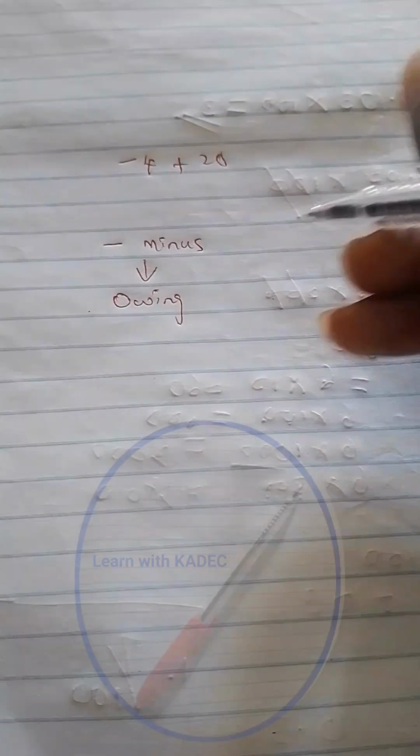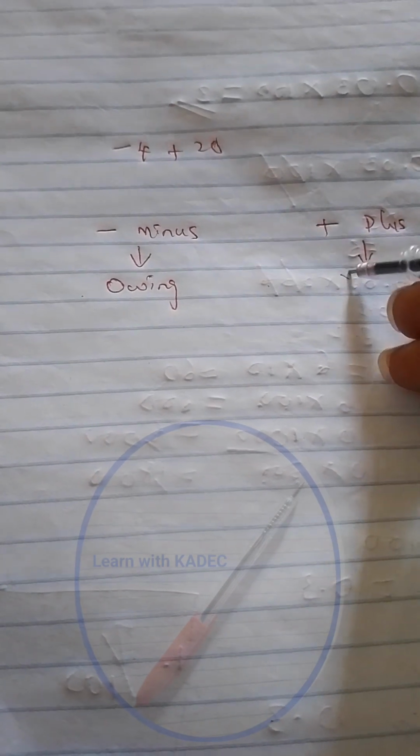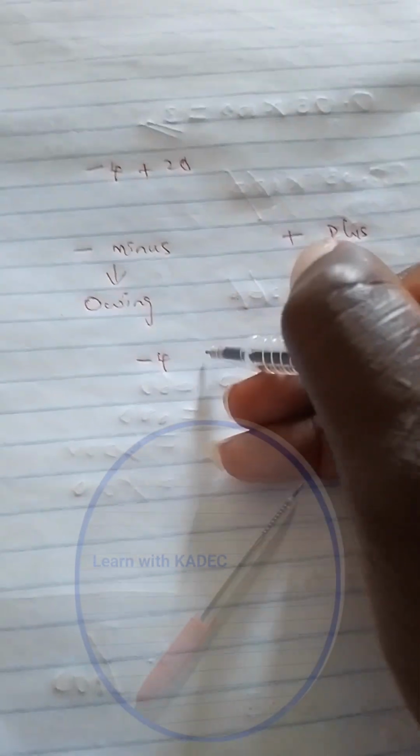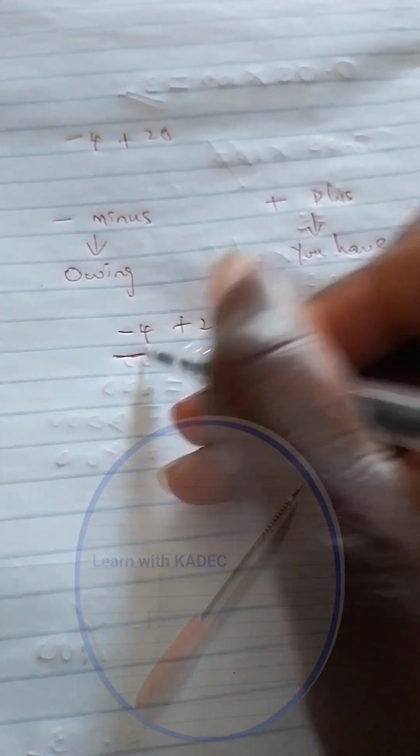Then take plus or addition to be what you have. So if I say minus 4 plus 20, it means I am owing 4 and I have 20. Let me speak like in Nigerian: I have 20. Okay, so I have 20.